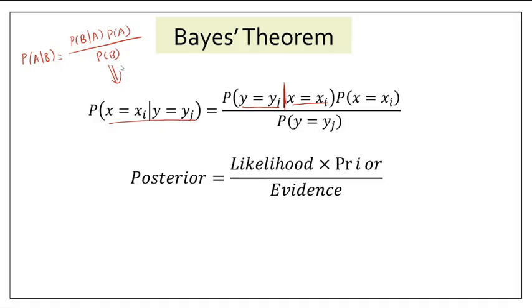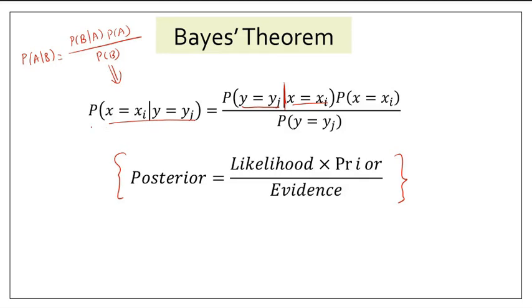But when it comes to pattern recognition or machine learning, we are going to follow this particular terminology. You note down this. The left hand side of this Bayes equation is called the posterior. Why it is called the posterior, we will see.